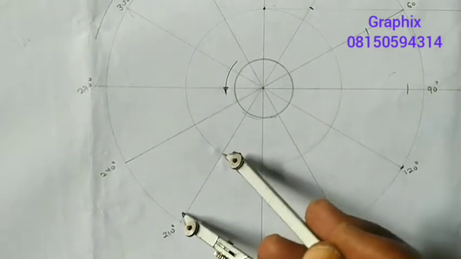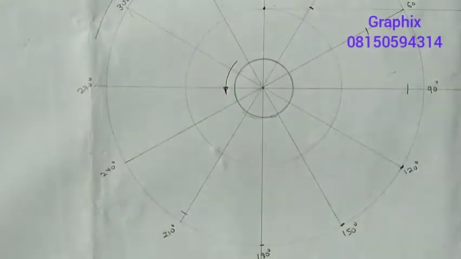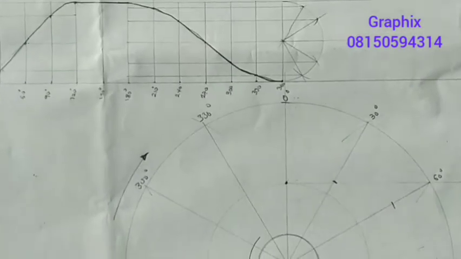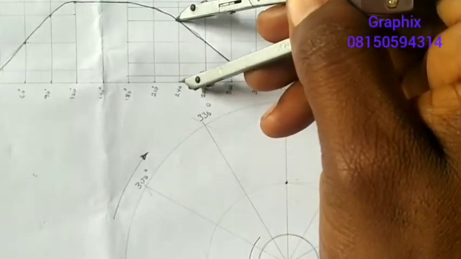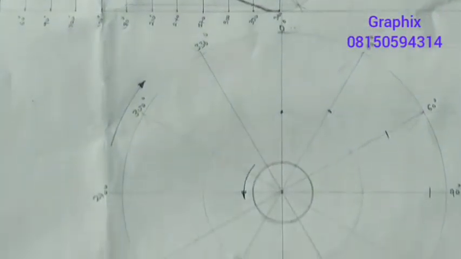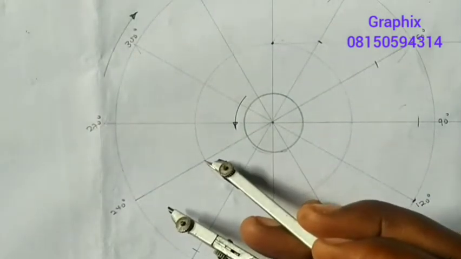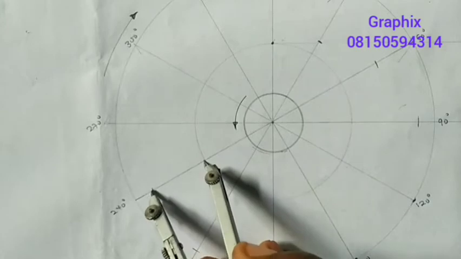I'm going to mark it there. And I'll go to 240. I'll mark 240. Take the point of 240 here. And I'll do the same thing here on 240. Place it on the circumference here on the sheet. And I'm going to mark.